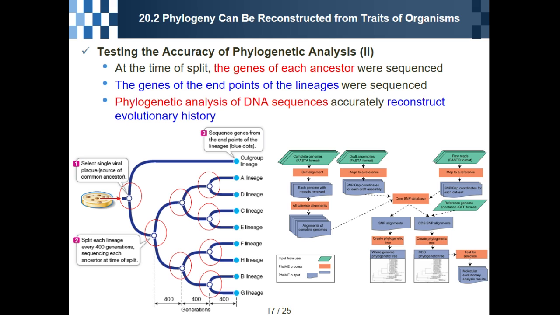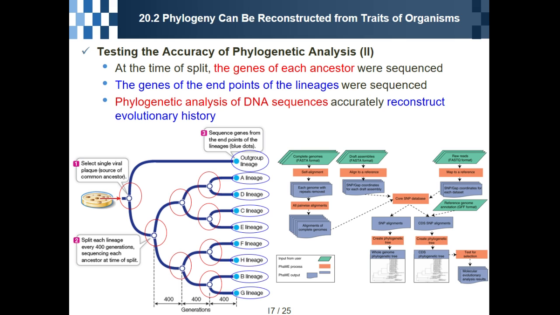And also, the genes of the endpoints of the lineages were sequenced. After that, we got a lot of data. We have all of the data, but we did not analyze the phylogenetic tree. So we gave all of the data to other people.